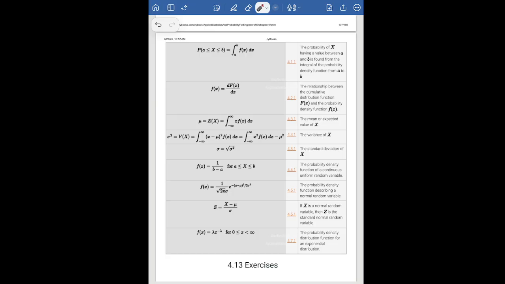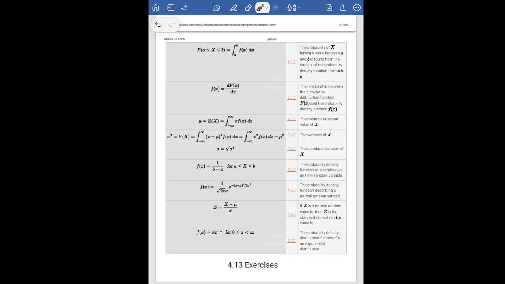So x in this case will be ranging from a to b. And you integrate the f of x and go from those bounds. Use the a and b as bounds for those integrals.